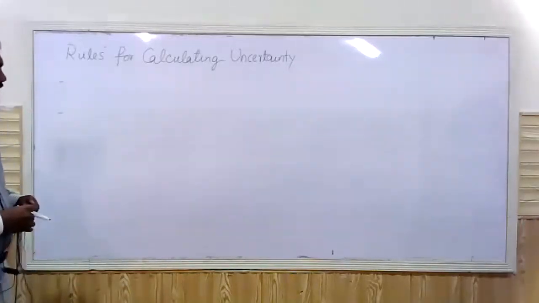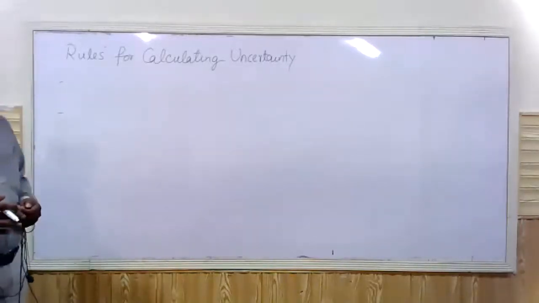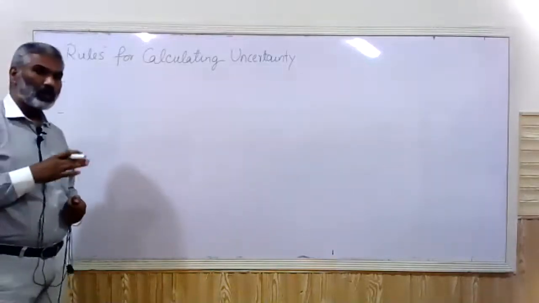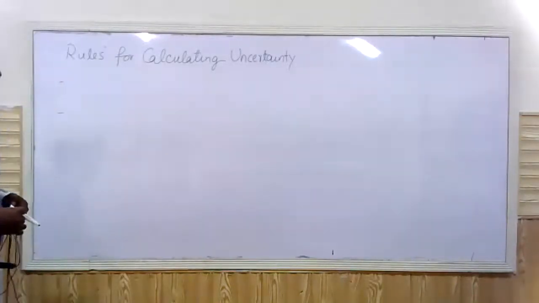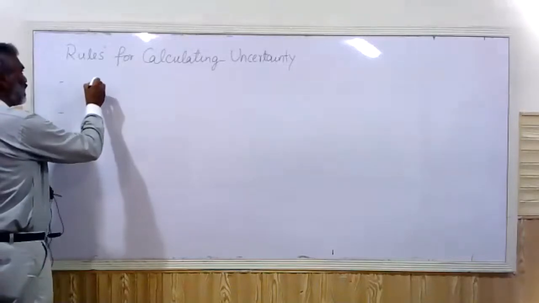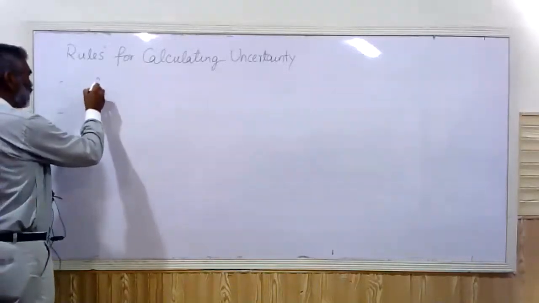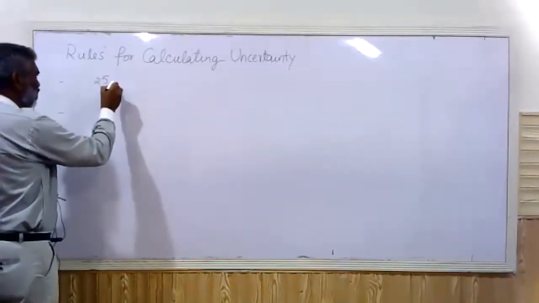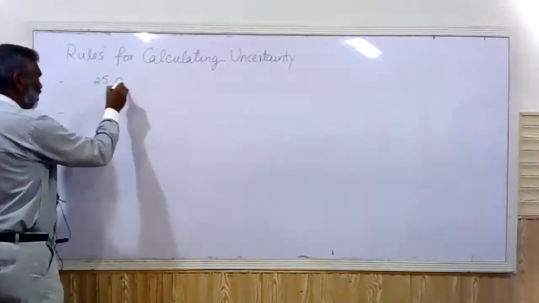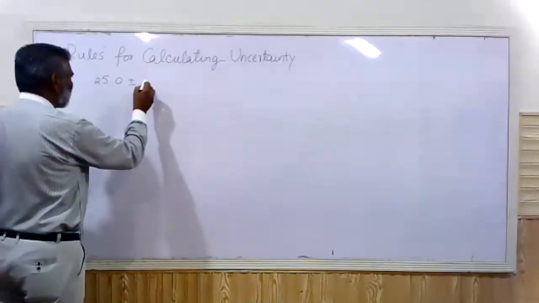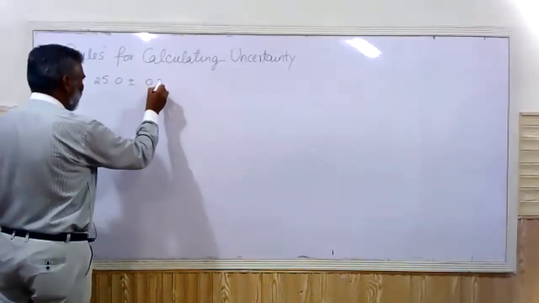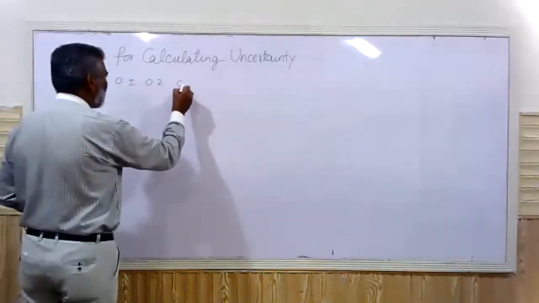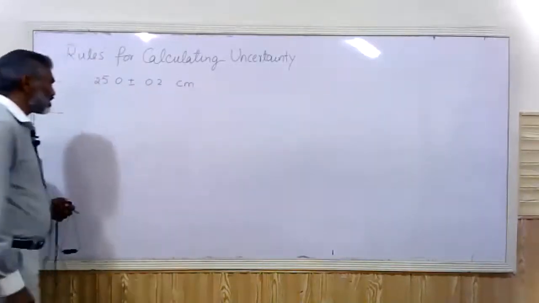Rule number 1 is that whenever you measure something, you report the actual or absolute uncertainty in that measurement. For example, if you have measured something using a meter rule, its uncertainty is written in this manner. Let's say this is 0.2 and this is in centimeters.